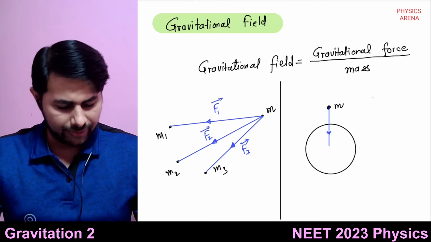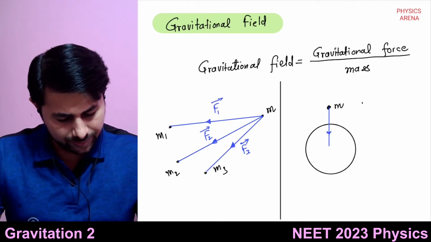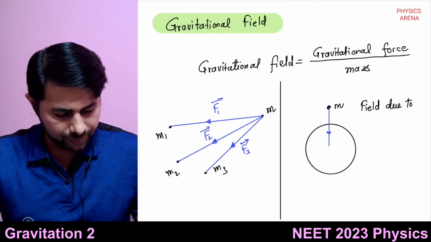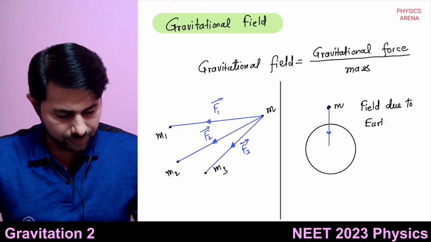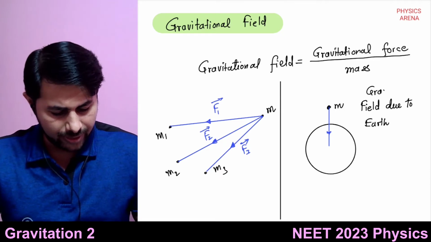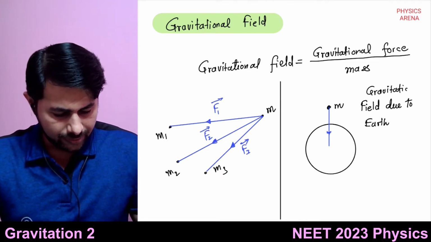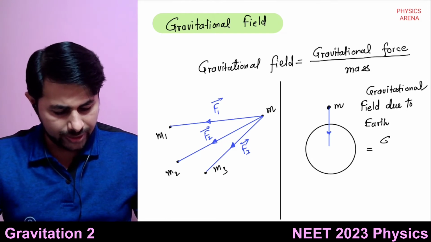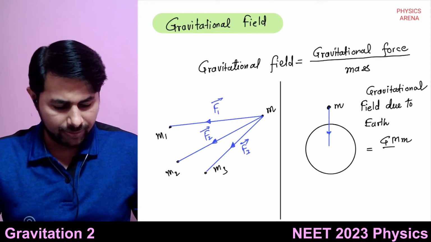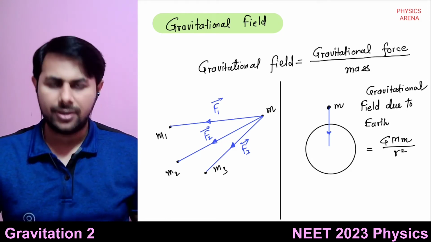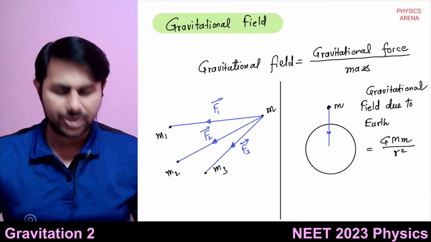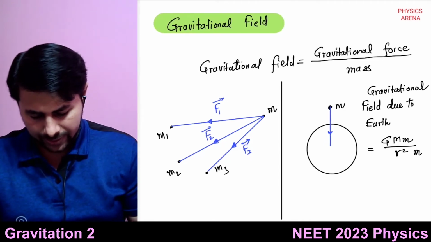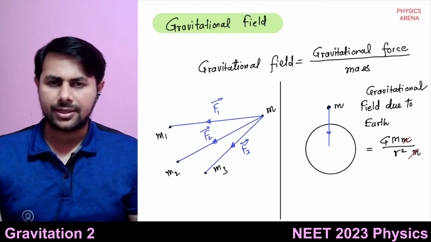So what is the gravitational field due to Earth? The field due to Earth is equal to what? G times M upon r square. This is the gravitational force of Earth on that mass divided by that mass, so m and m get cancelled out.